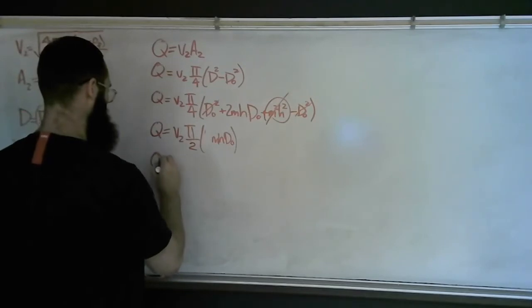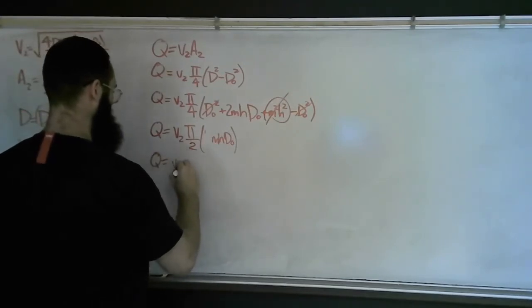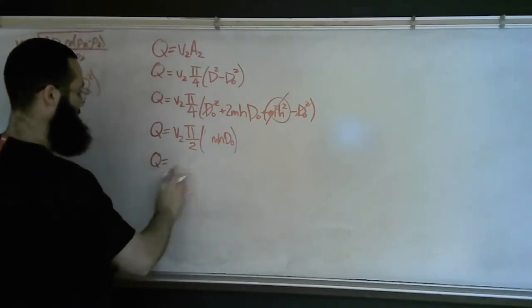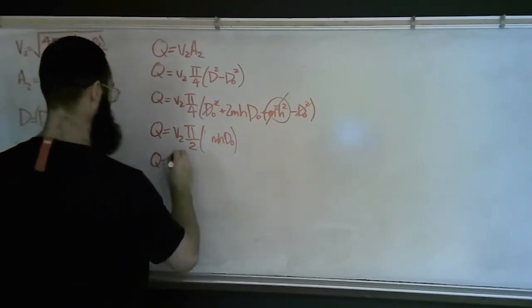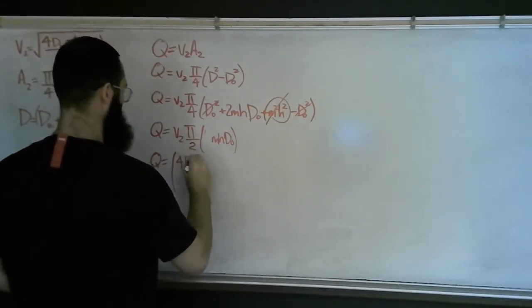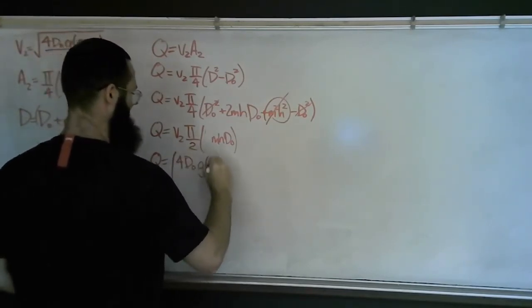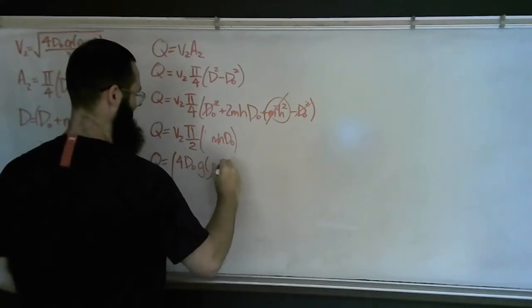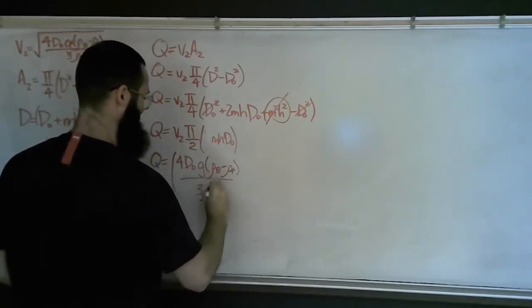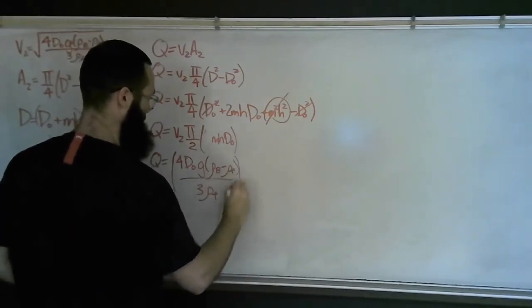So we have Q is equal to V2, or we'll plug it in, is equal to 4 d naught times G times density of the ball minus the density of the fluid, all over 3 times the density of the fluid.